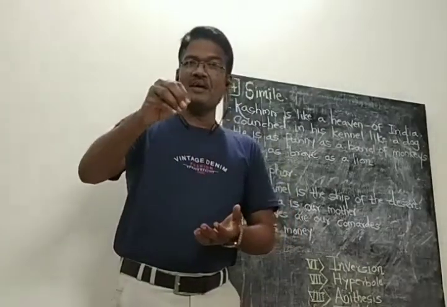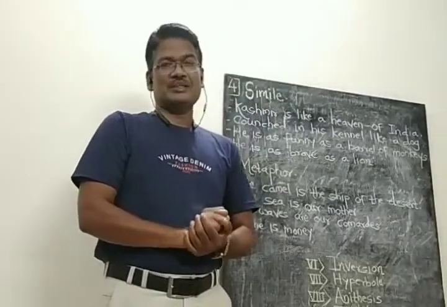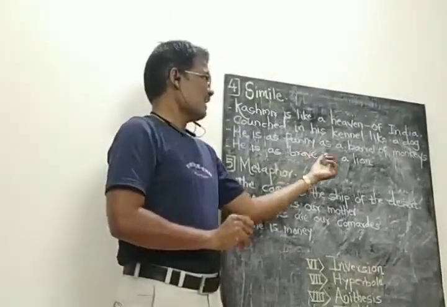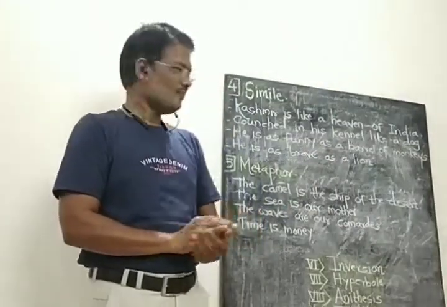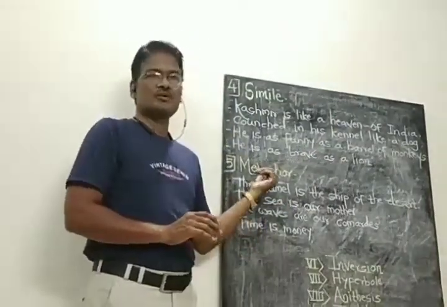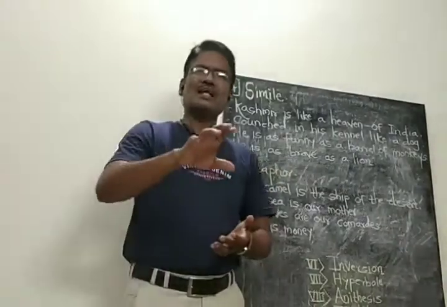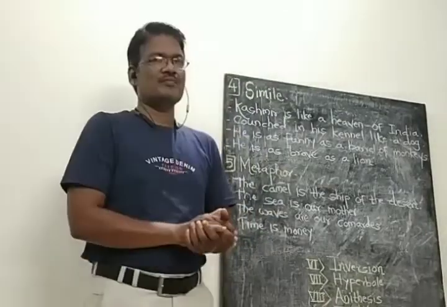How to identify the figure of speech simile? In simile, the words "as" or "like" are used. Let us see the next figure of speech. It is metaphor. It is also like simile, but what is the difference between metaphor and simile?